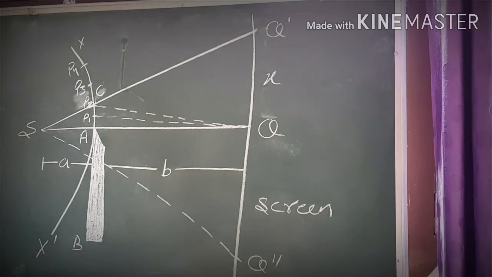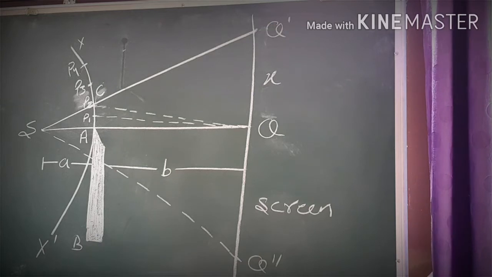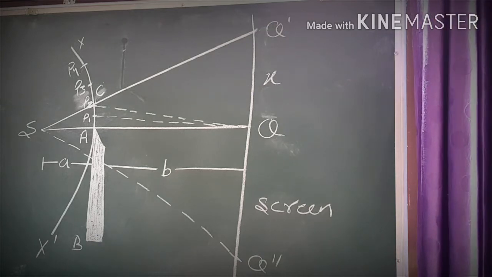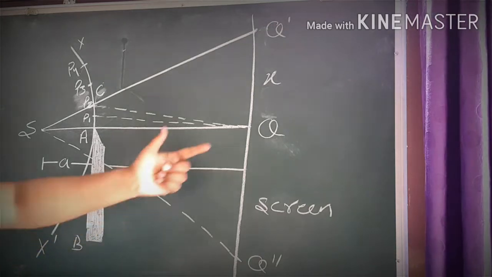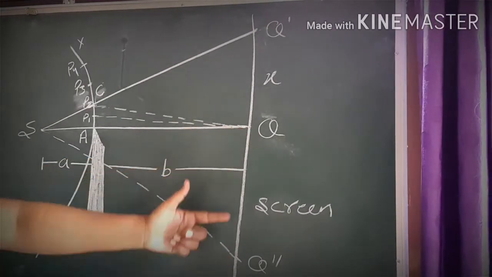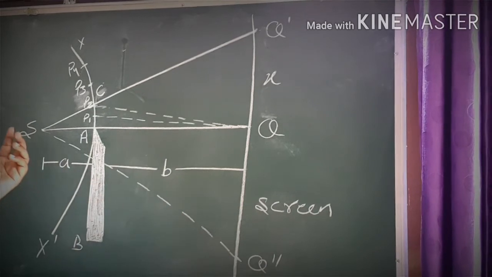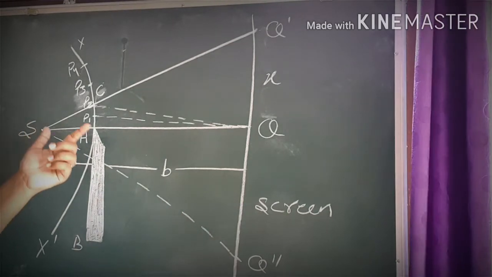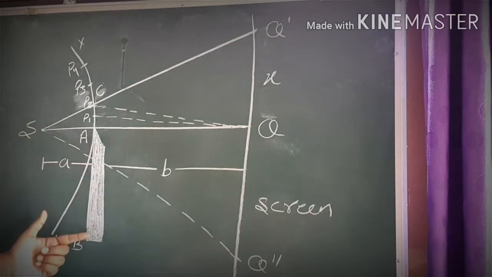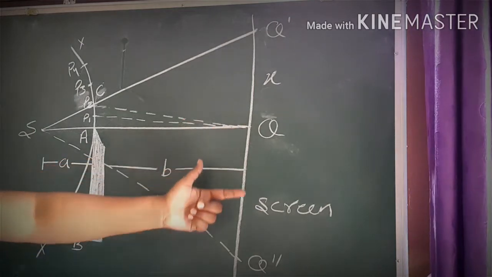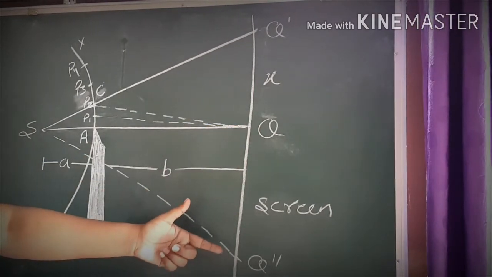Now first we have to find the intensity at point Q dash. This region Q to Q dash is the geometrical shadow region. Light from the source S is obstructed by this obstacle.